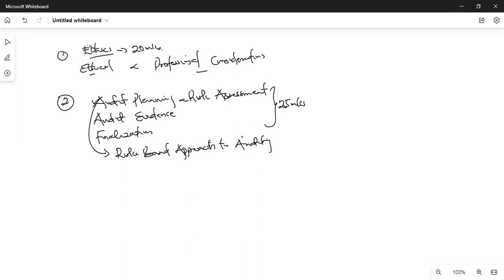What we said was that the risk-based approach is the same thing under audit and assurance part 2.